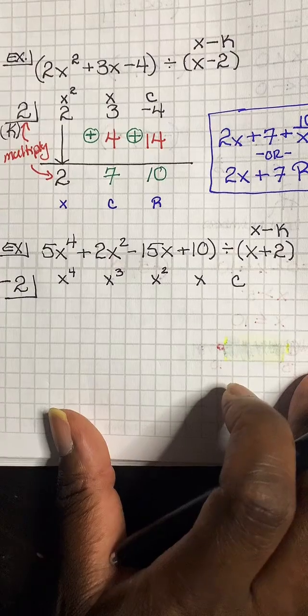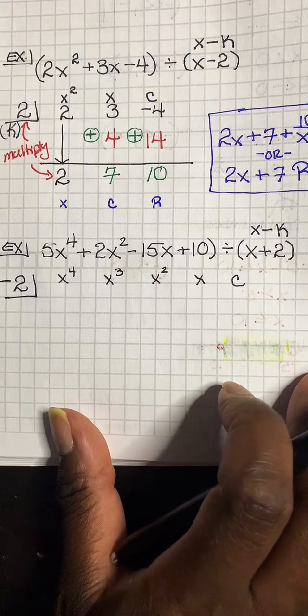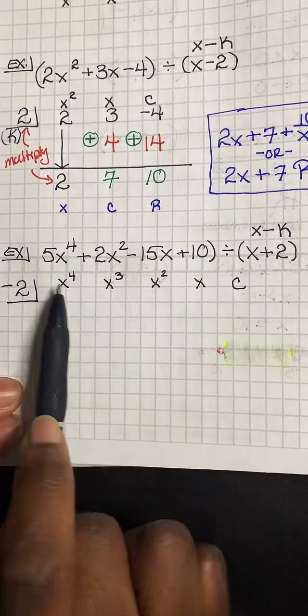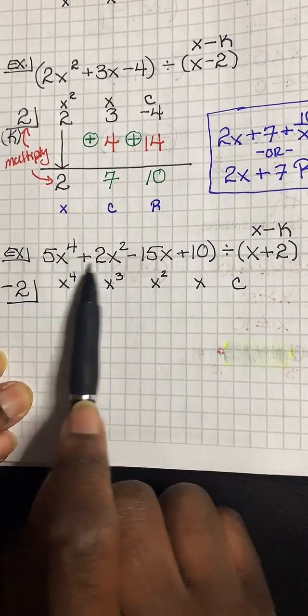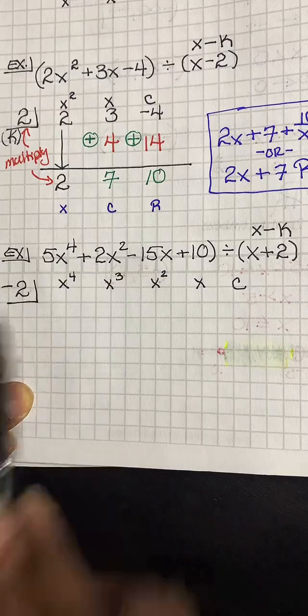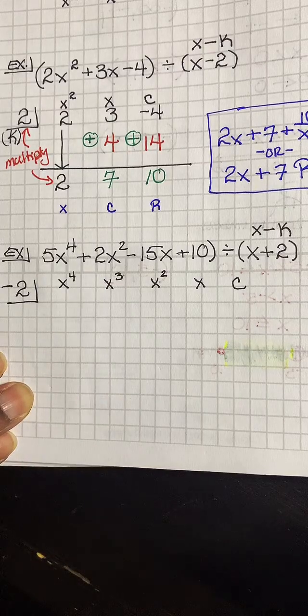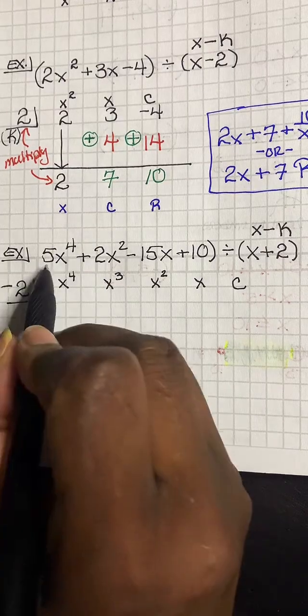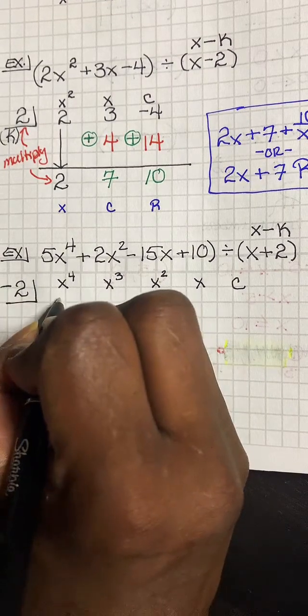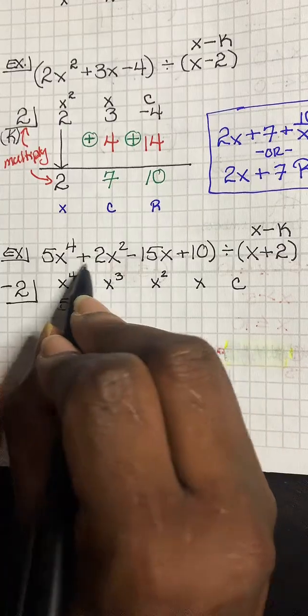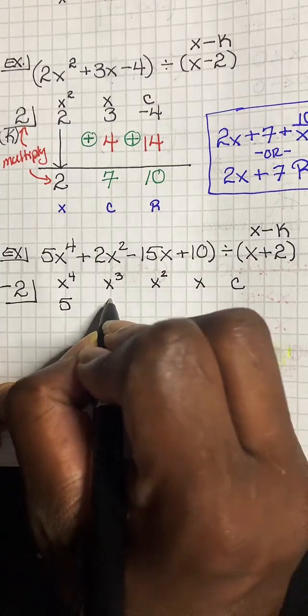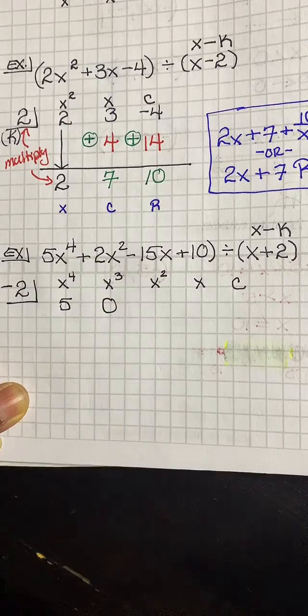All right, you have to have all your degrees represented. So it has to be in descending order. Even though we don't have one up here. So let's start. My x to the 4th, the coefficient we have is a 5. X to the 3rd, we don't have in our listing, so we need to put the 0 for the placeholder.